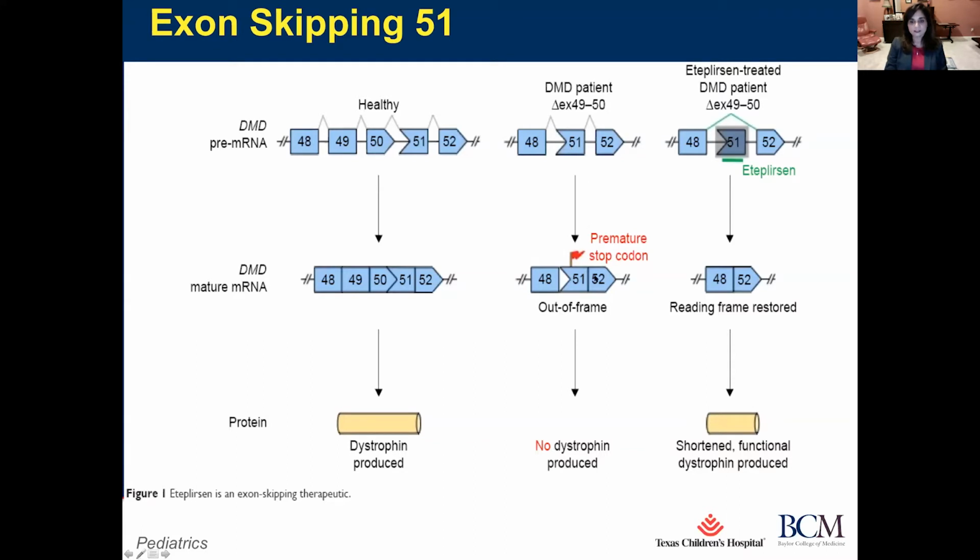It creates a premature stop codon, and we cannot make any dystrophin. If we use the exon 51 skipping treatment, if we skip 51, you can see that the frame is going to be resumed, although it's short, and you can make some dystrophin protein.